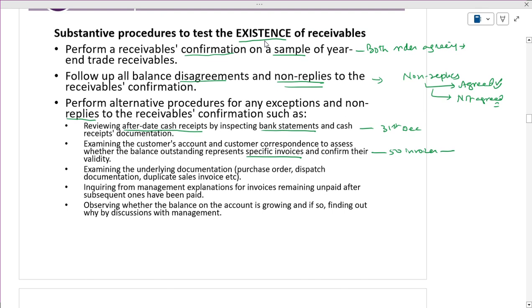Examine the underlying documents, such as the purchase order and the dispatch documents. Then check for duplicate sales invoices.